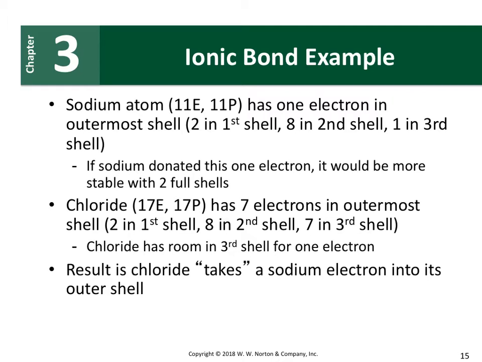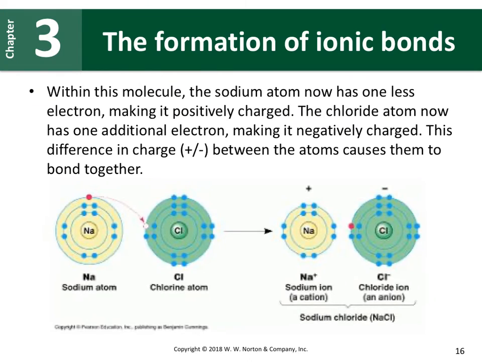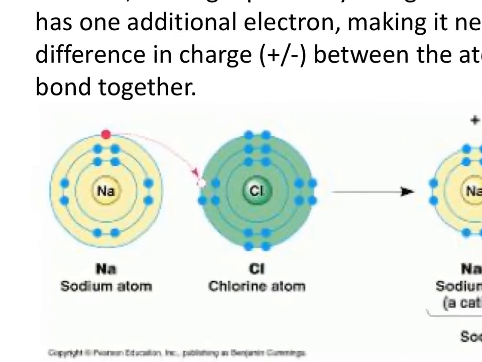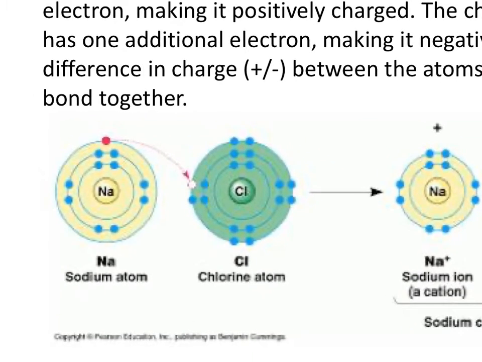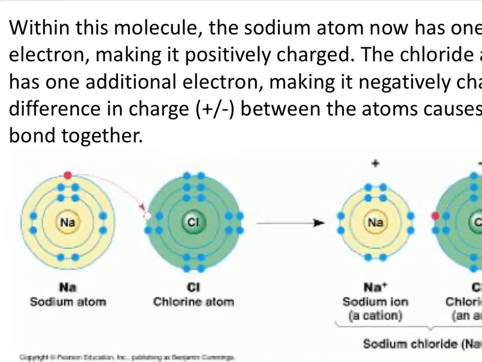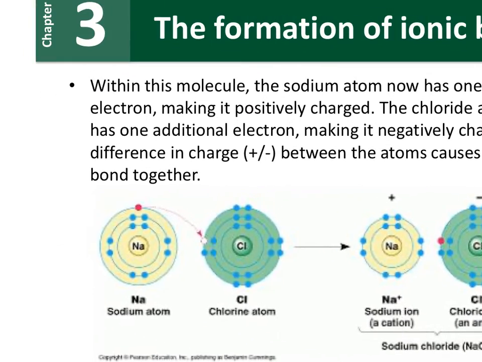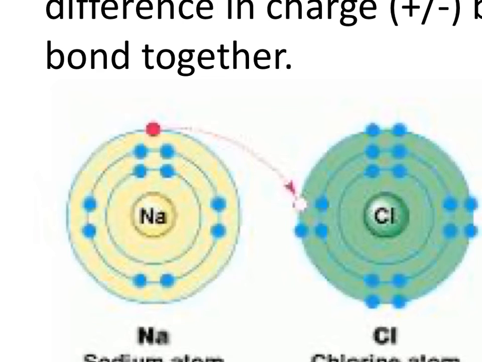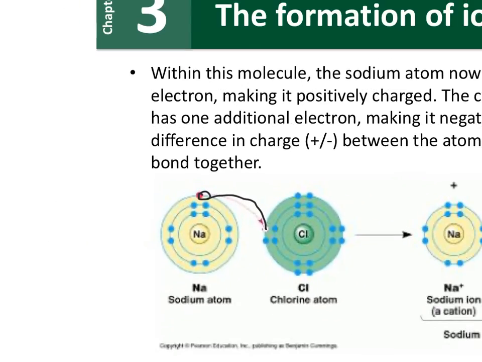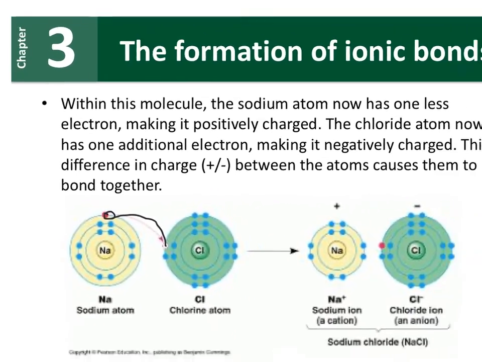And it grabs electrons from the sodium atom. And this is called an ionic bond. So here it is. Here's our sodium on the left, chlorine atom on the right. Chlorine grabs it, takes this, and drags it over into its own orbit.